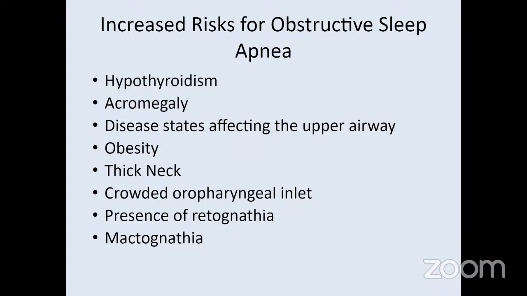Also, patients who have a thick neck have an increased risk, and measuring the neck circumference is one of the screening criteria when it comes to diagnosing obstructive sleep apnea. Also, crowded pharyngeal inlet and presence of retrognathia, which is an abnormal position of the jaw, and macrognathia as well.